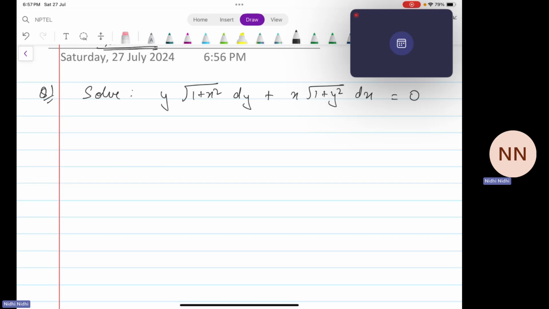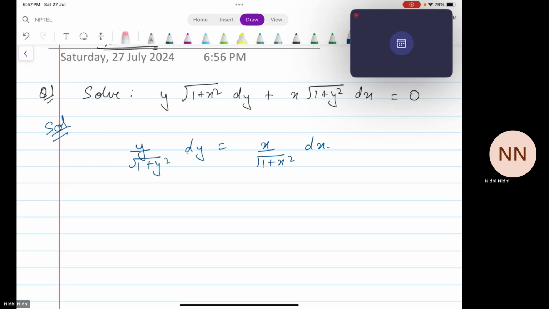So one can see that very easily we can take all the terms involving the variable y and the variable x on either side of the expression. So let me write it. Taking the terms involving variable y on one side and the terms involving variable x on the other side, we get the following.